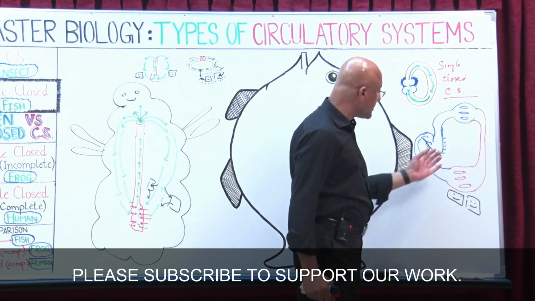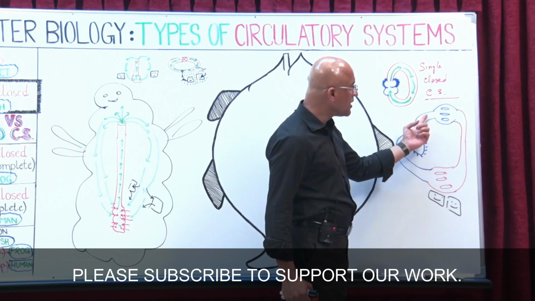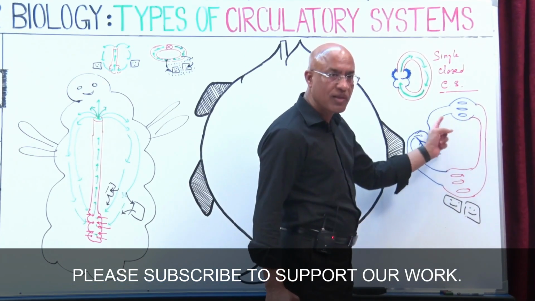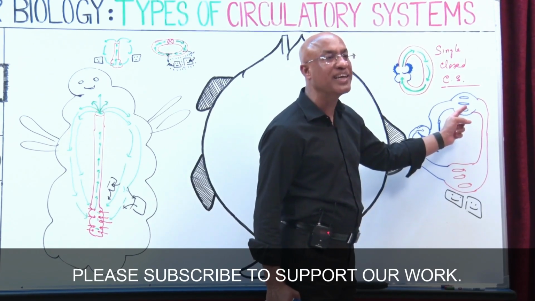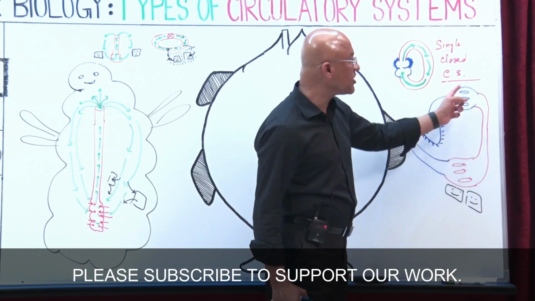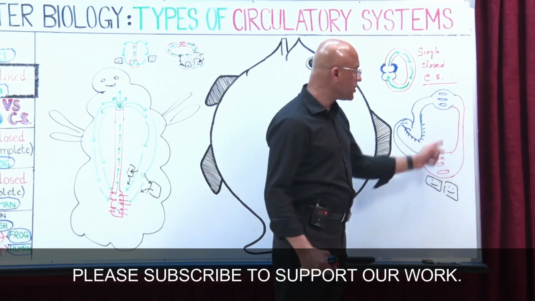Problem here is that when this heart will pump, fluid will move towards the respiratory organ, the organ where it will, for example, if it is fish, then this organ must be gills. But this respiratory organ in humans are the lungs. But let's suppose this is fish model.